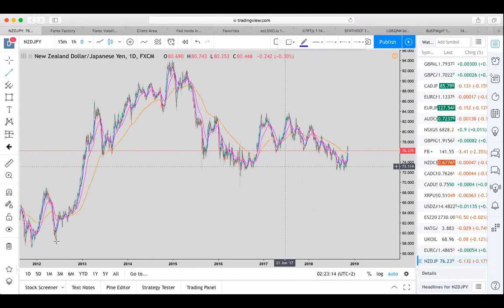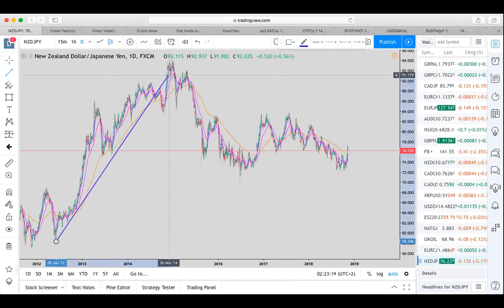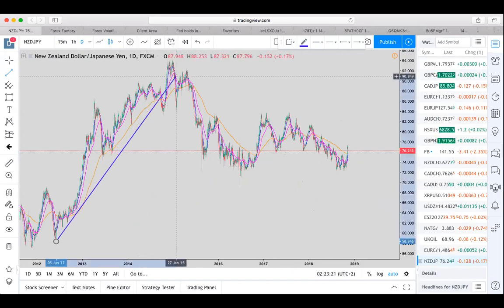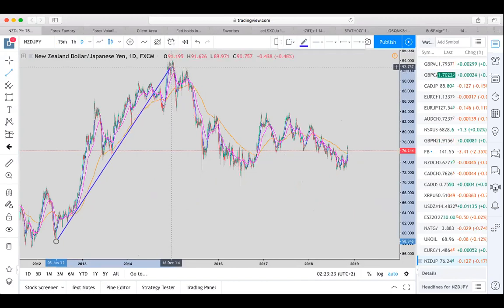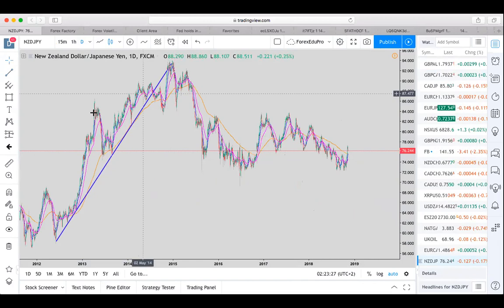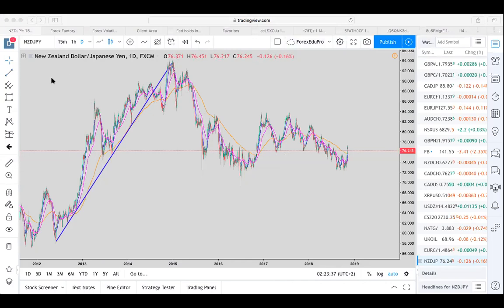So I can see that we had a very nice ascending type of structure over here. Okay. That got broken, or it was range bound here and then it broke. So a definitely descending structure at this point.